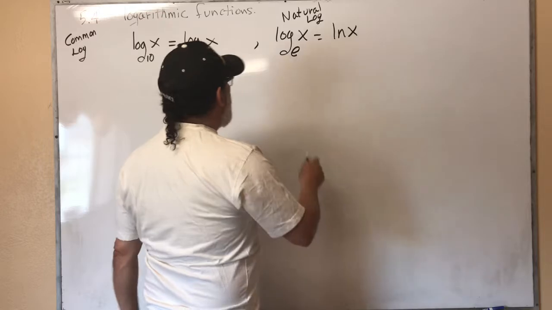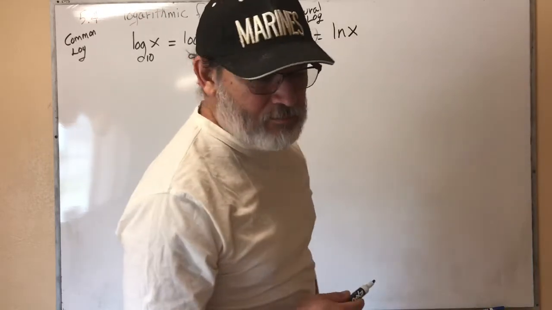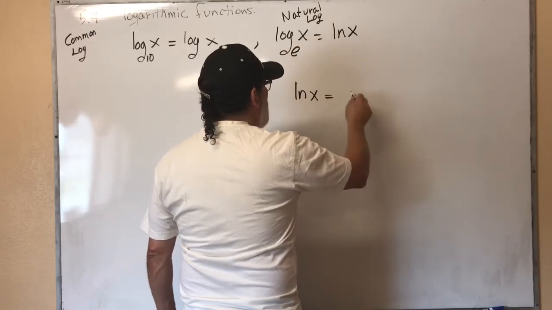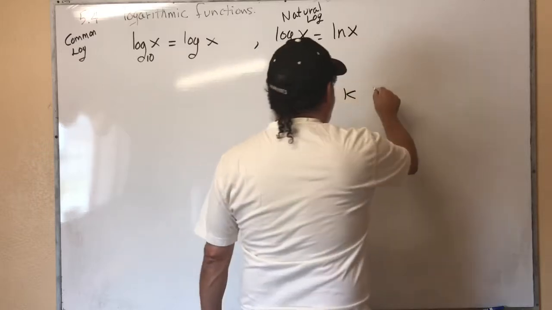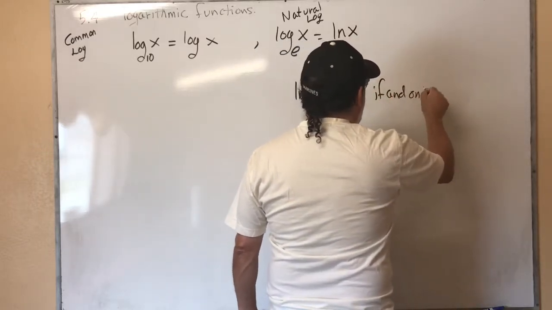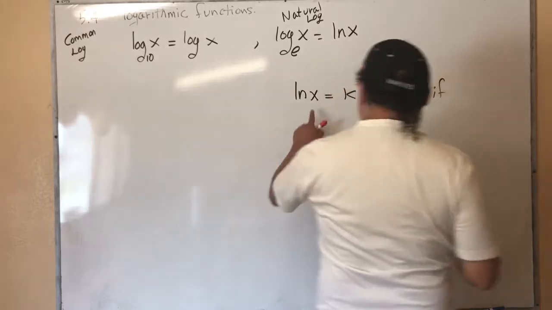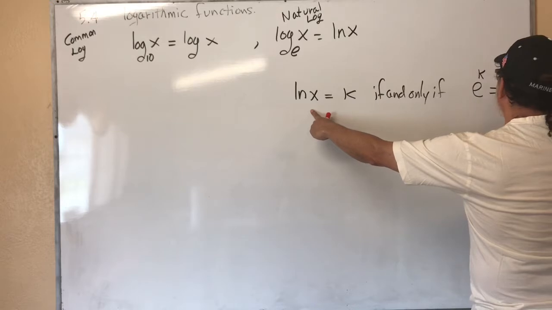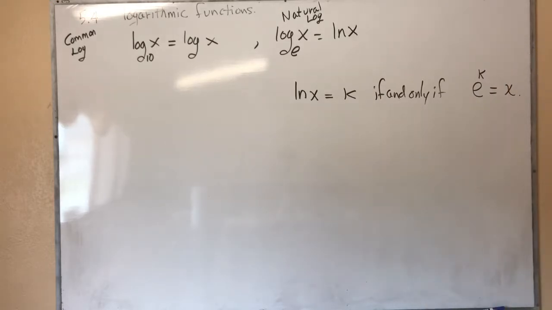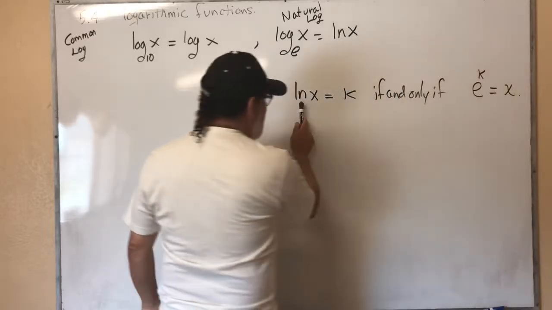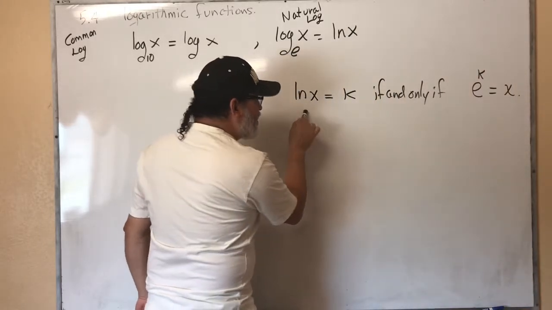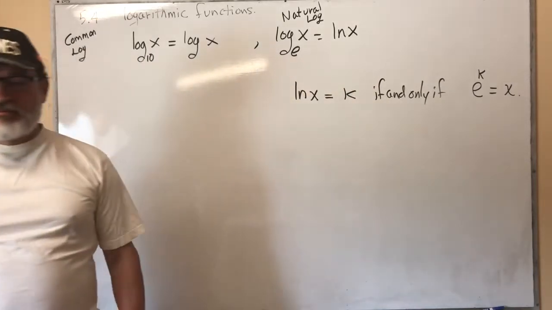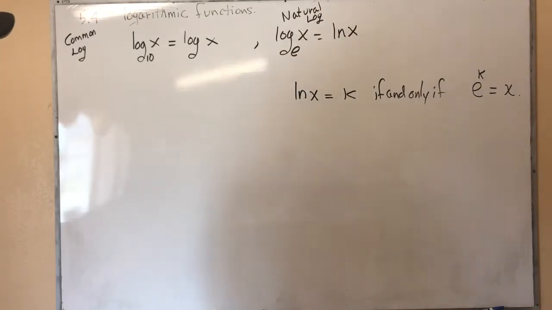You can say ln of x equals k if and only if e to the k equals x. Yeah, because this has base e. This e to this power, remember, this is a power, gives you the argument. Okay, very good.